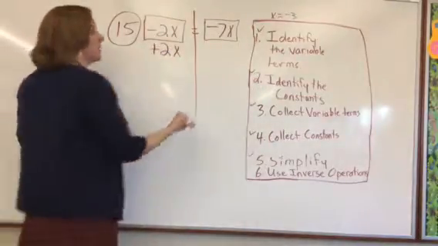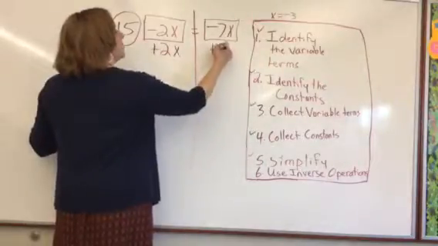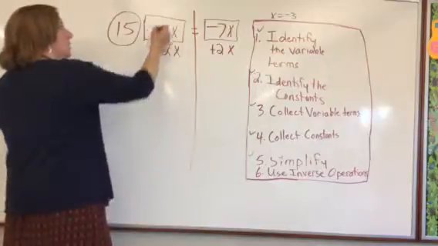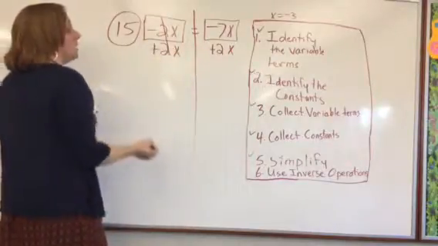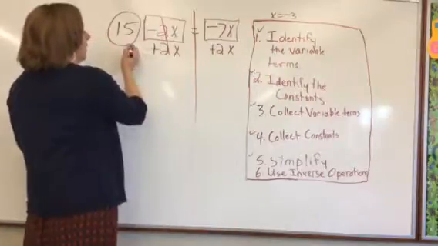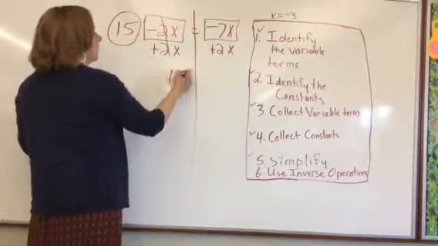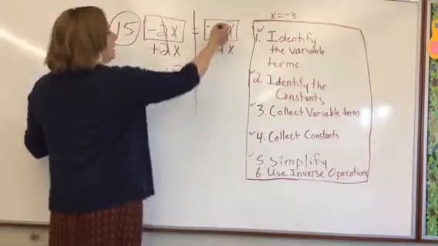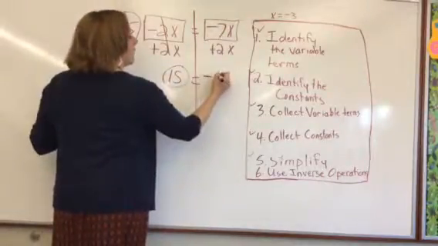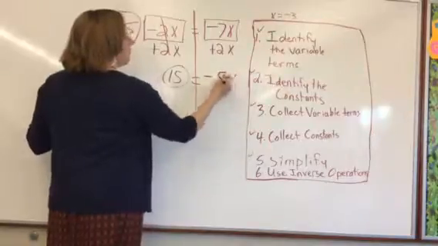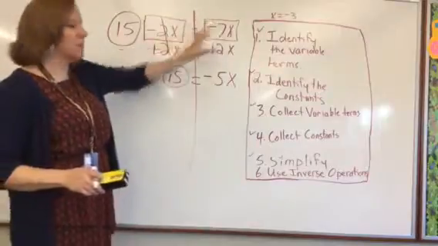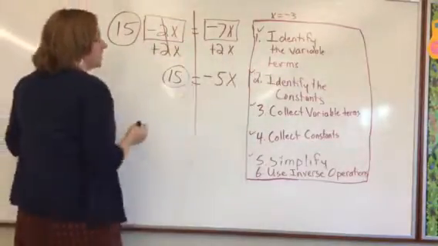I would add 2x to this side. Well, then I have to do the exact same thing and add 2x over to that side. Minus 2x plus 2x goes away, and I'm left with minus 7x plus 2x over here. I still have my 15, and over here I have minus 7x plus 2x, and that is going to give me negative 5x, because those are like terms on the same side of the equation, so I can simplify them. That gives me negative 5x.